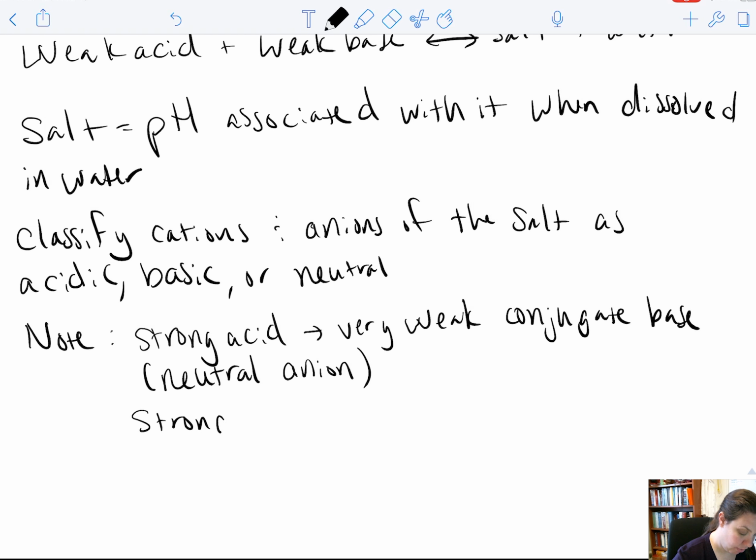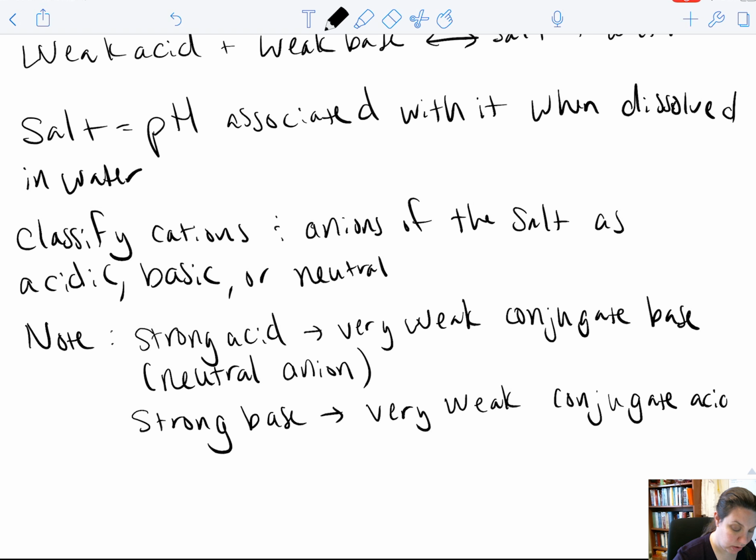If we have a strong base, it will produce a very weak conjugate acid, so we will have a neutral cation.